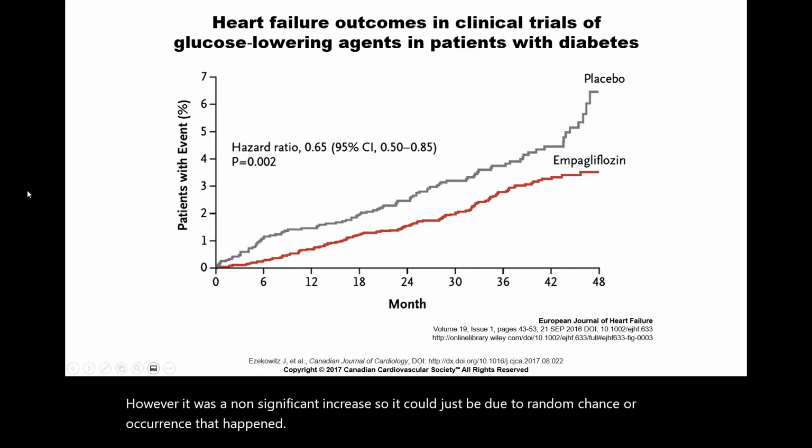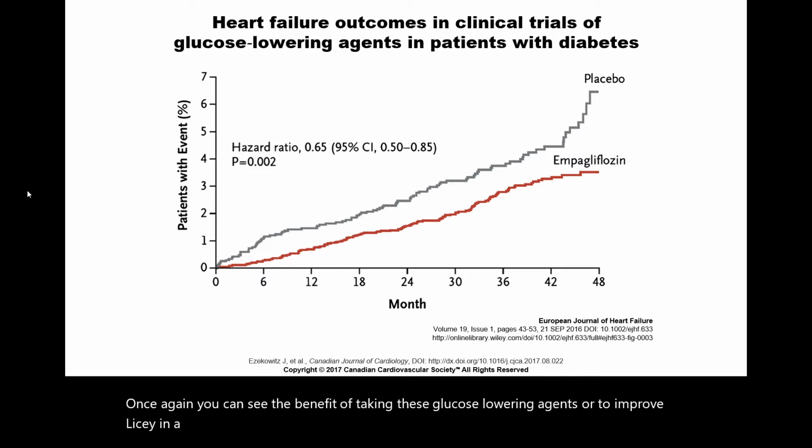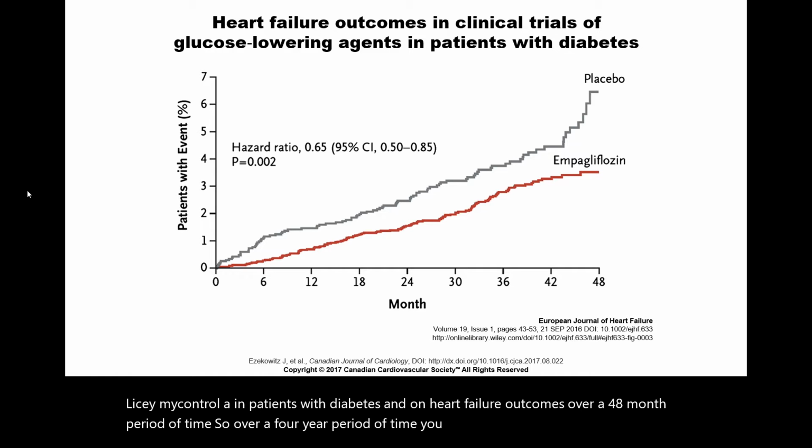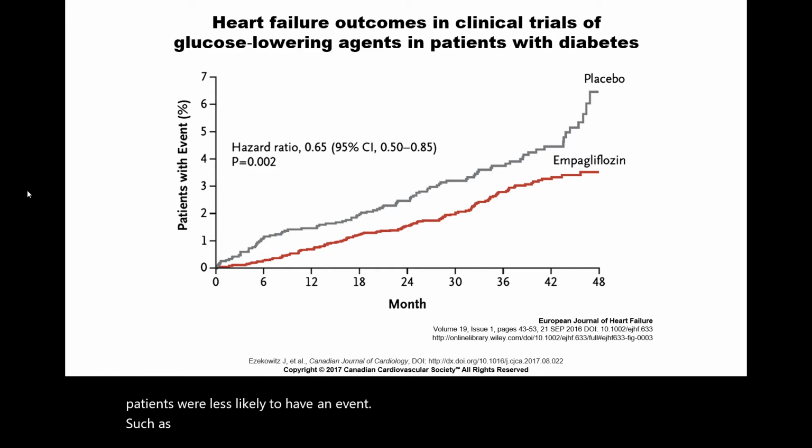Now, here once again, you can see the benefit of taking these glucose lowering agents to improve glycemic control in patients with diabetes on heart failure outcomes over a 48-month period of time. So over a 4-year period, you still see that there's a benefit in that patients were less likely to have an event such as a heart attack if they were taking the drug versus if they were taking a placebo.